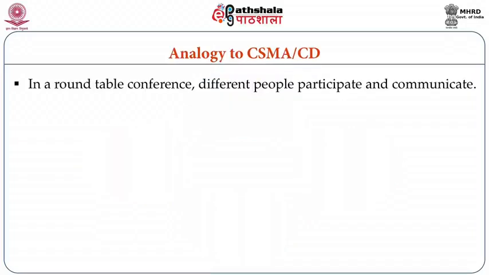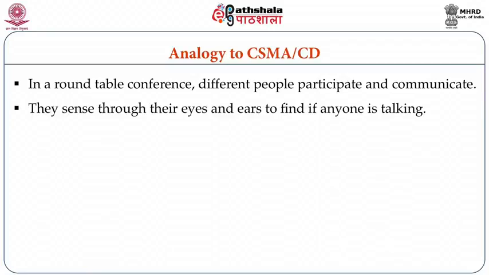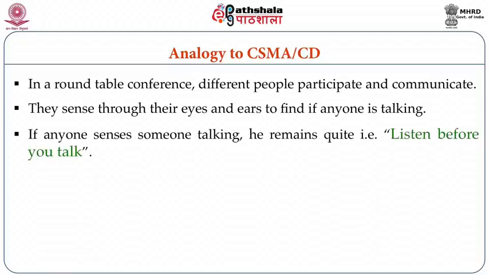To understand this algorithm, let us first consider an analogy which we face in day-to-day life. The analogy is a round table conference where different people participate and communicate. They sense through their eyes and ears to find if anybody is talking. If anyone senses someone talking, he remains quiet.